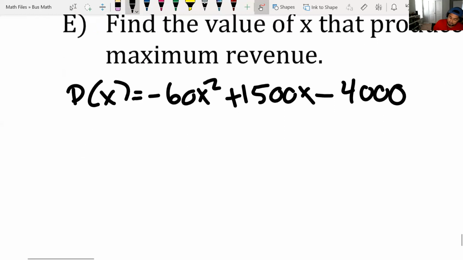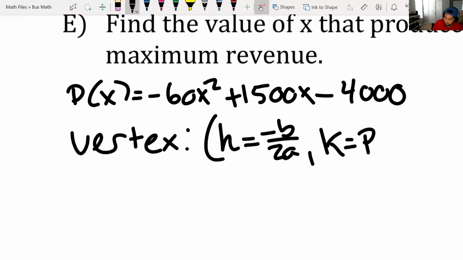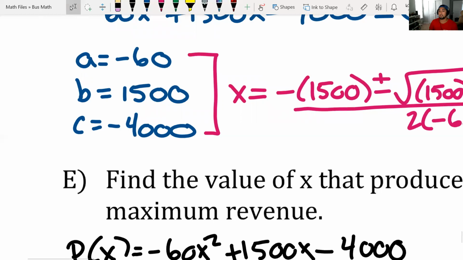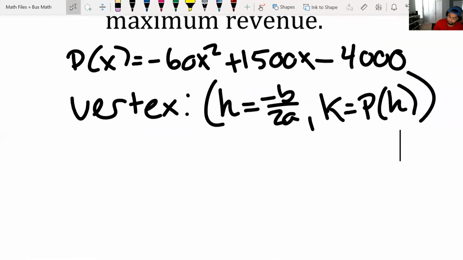And to find the vertex, we use h equals negative b over 2a and k equals p of h, because our function here is p. Okay, so it's a good thing we know what a and b are already from the profit function. A and b were labeled above. A is negative 60, b is 1500. That's what we'll use here.